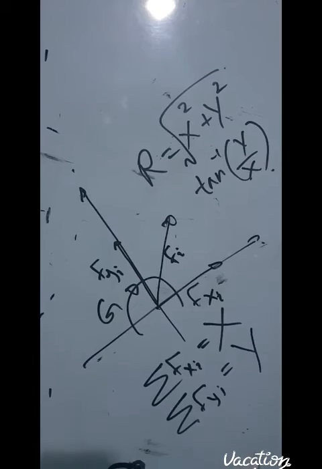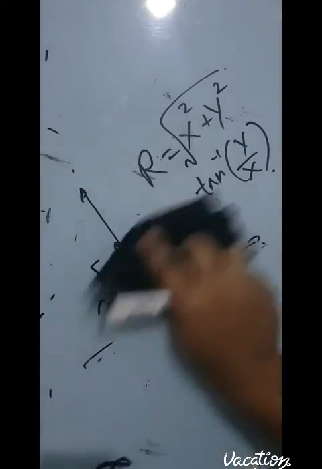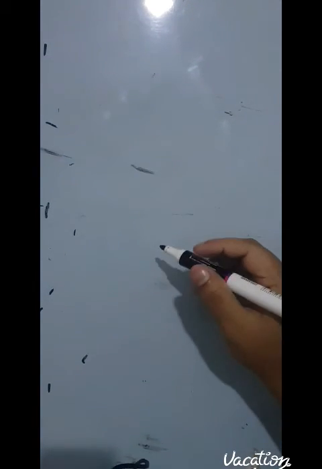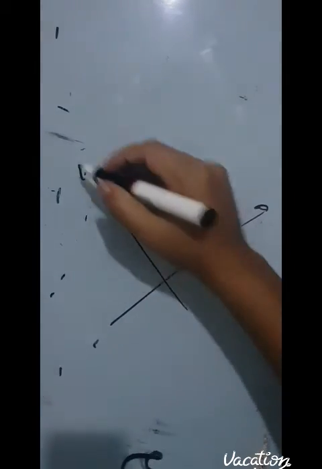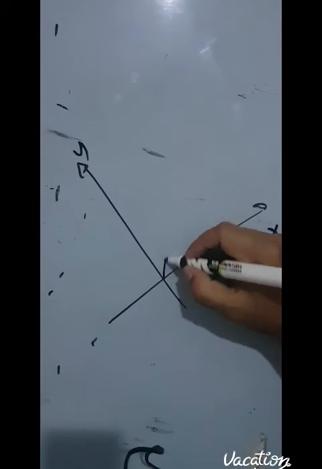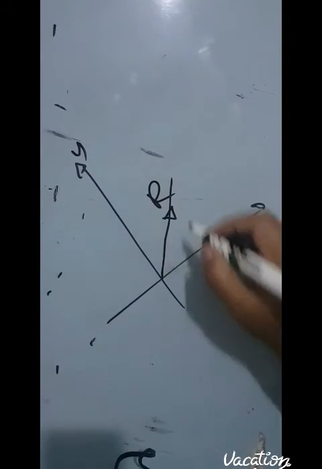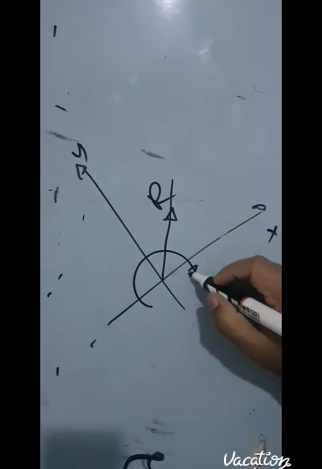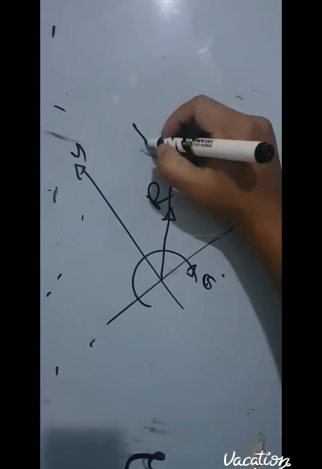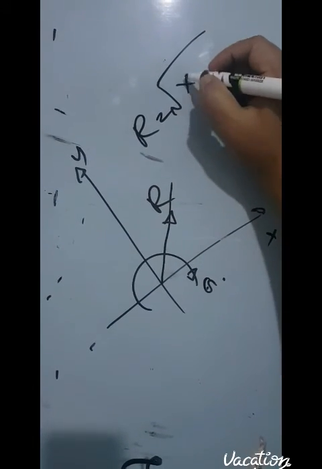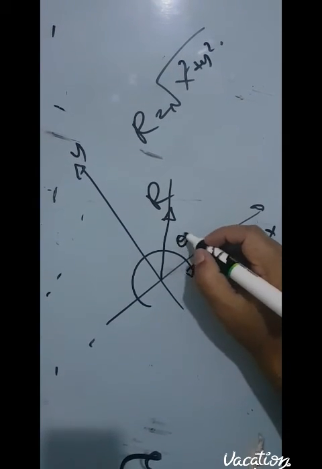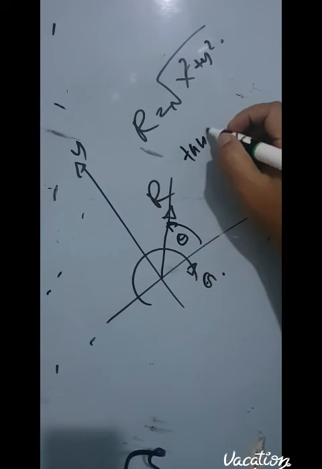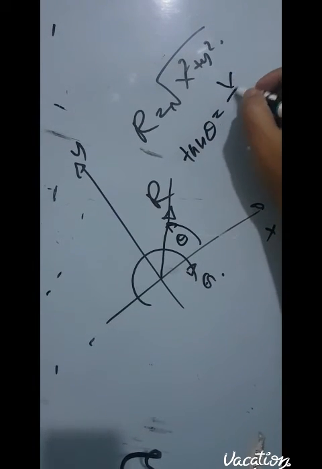Okay, at the end of this, after summing up all the components y, x, you will have a resultant force and a couple G, right? The resultant force, I will write, is the square root of x squared plus y squared, and this theta here, tan theta goes y over x.